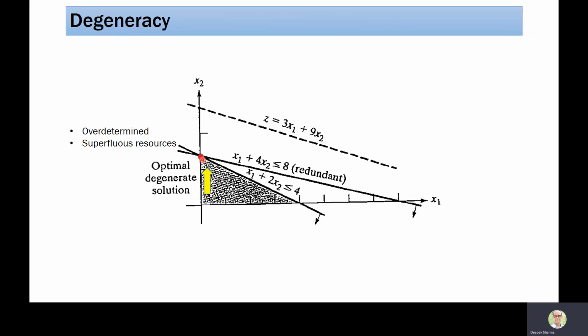The optimum solution is given by this red dot, which is (0, 2). Looking at this figure, even if you remove this redundant constraint, the optimum solution will remain the same. Although we have two constraints, we are over-determining the optimal solution. That's why this redundant constraint has no role in the optimal solution.